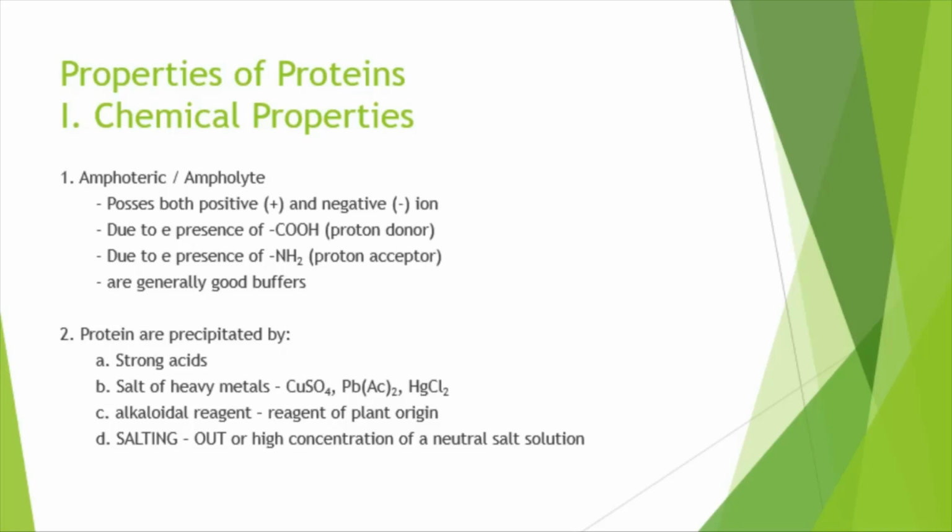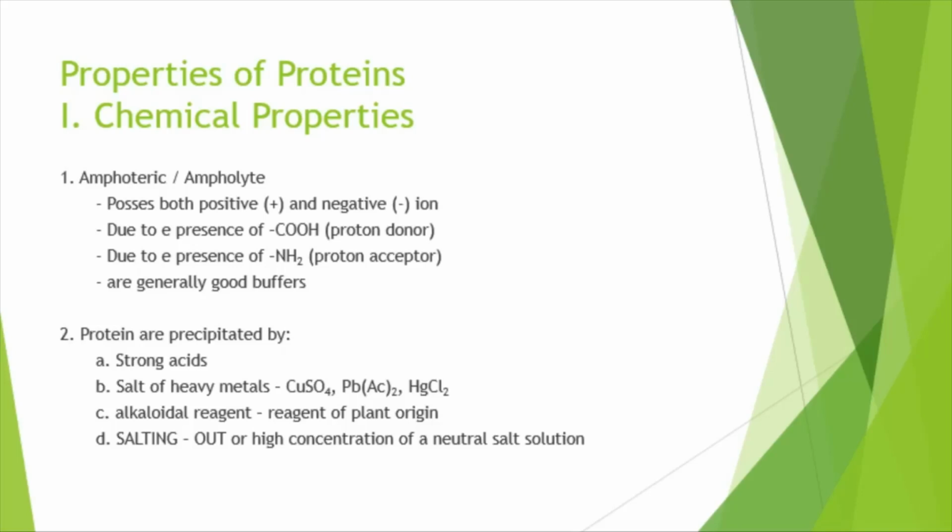It can readily give off protons, while NH2 is a base wherein it accepts protons. Okay, because again, the general structure for an amino acid has an amino group plus a carboxyl group, correct? So, because of this, they are generally good buffers. Okay, so they can resist the change in pH.